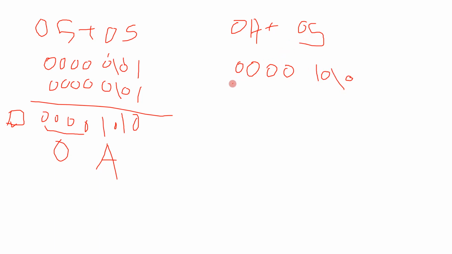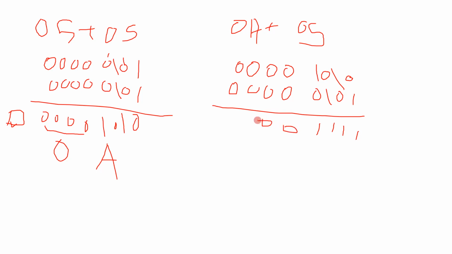We will convert the 05 into binary and add it. What will we get? 0F. When you convert it into hexa, 8 plus 4 is 12, 12 plus 2 is 14, 14 plus 1 is 15. So 15, when converted into hexa, gives F. It is 0F.